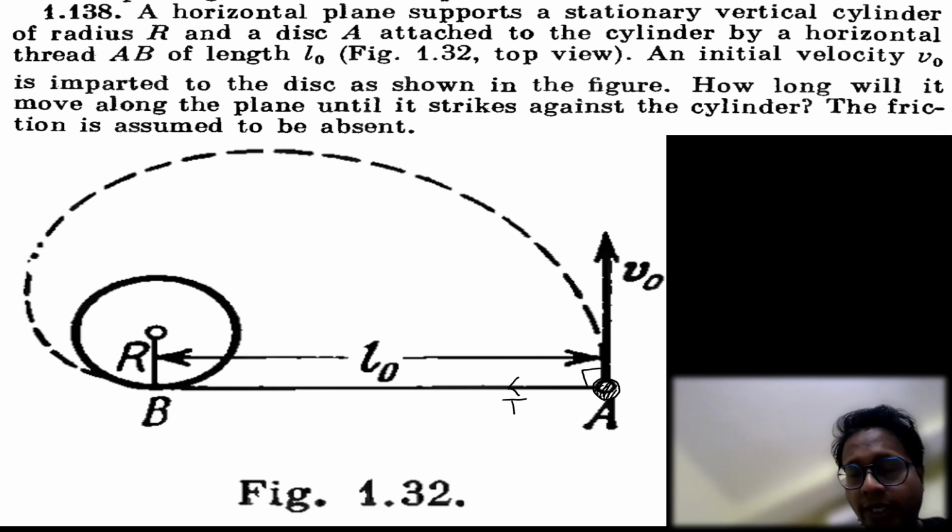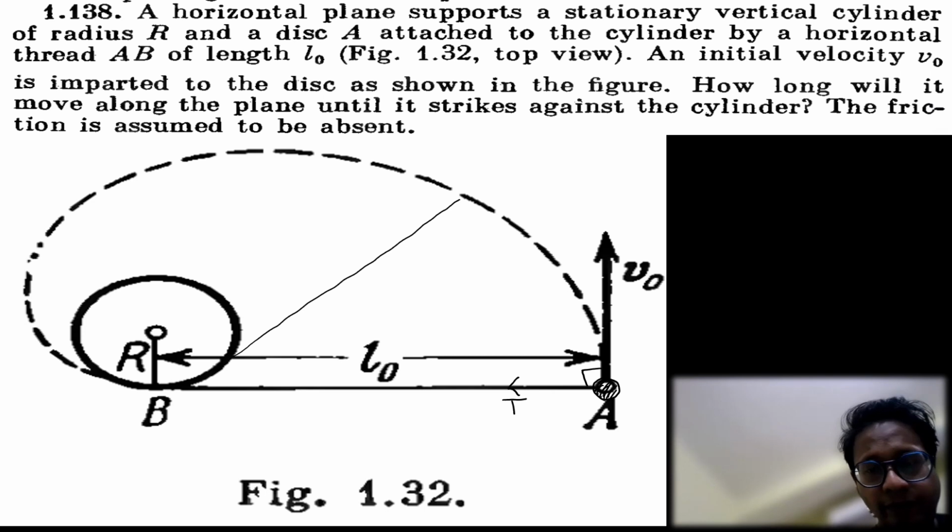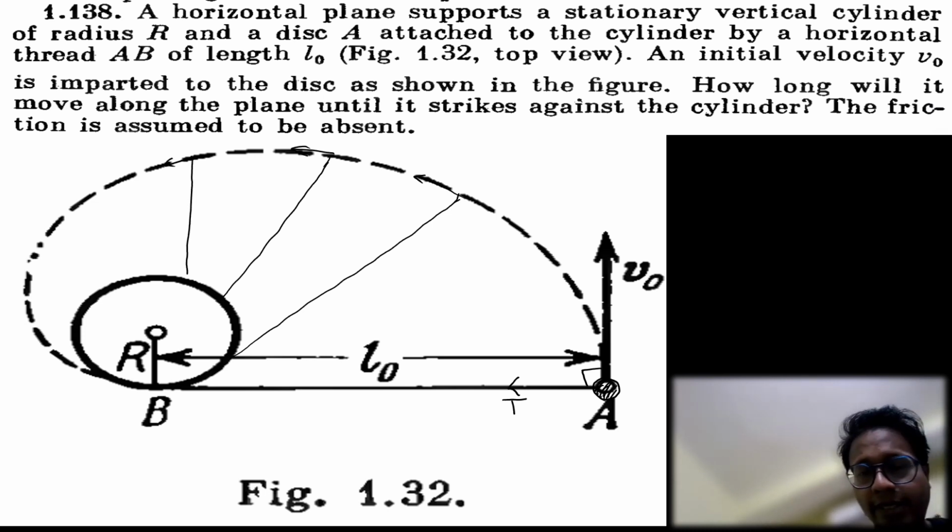So the tension force is always perpendicular to the displacement. If I draw a straight line out here, the displacement would be in this direction. The tension force is always perpendicular to the displacement in the entire orbit.